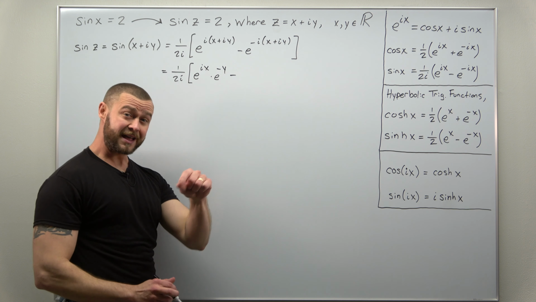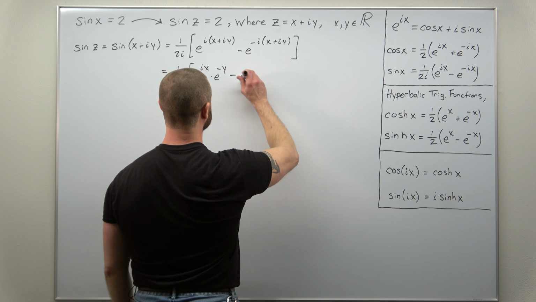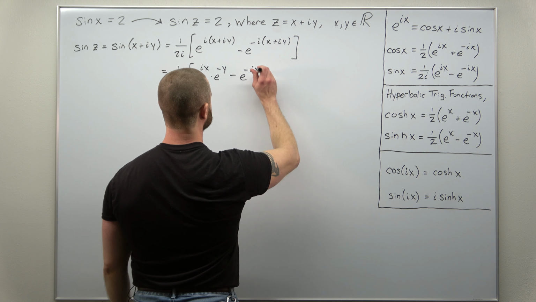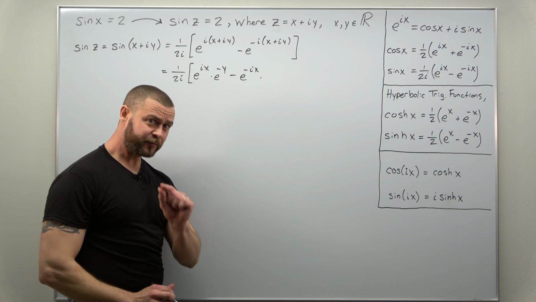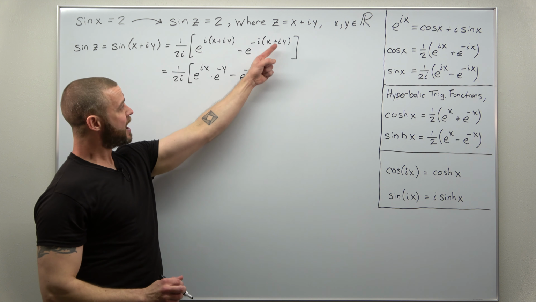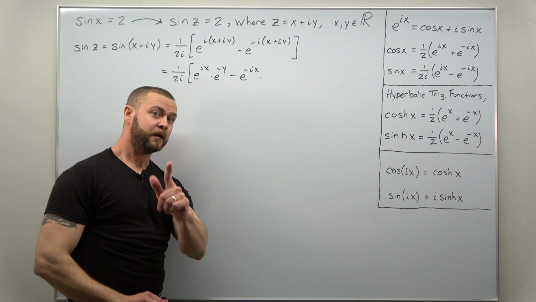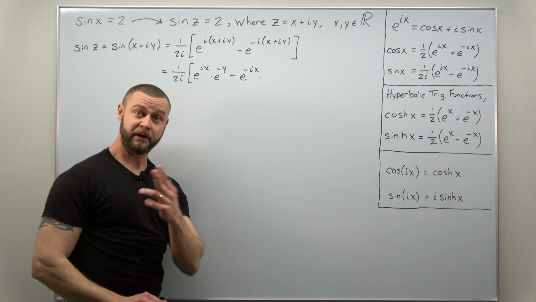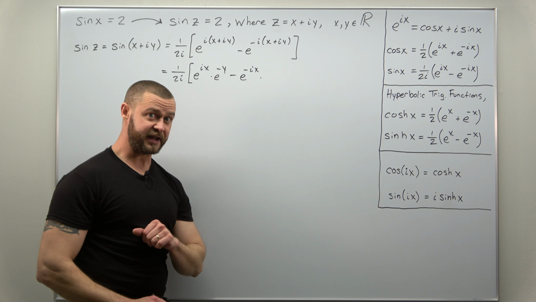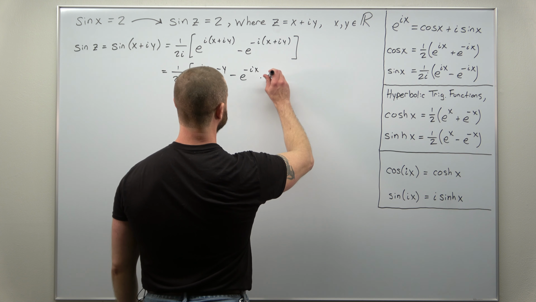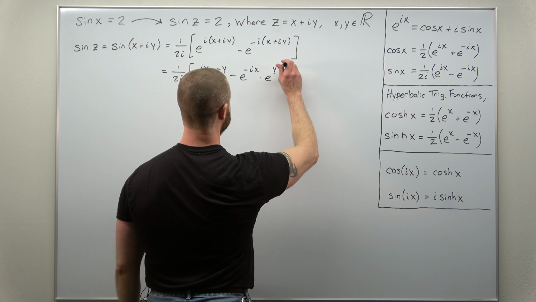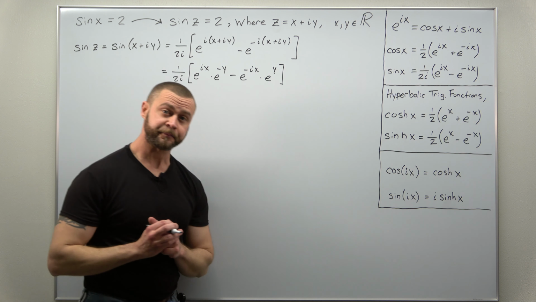Distribute the negative i, you'll get e to the negative ix. And now just be careful with your signs. Negative i times iy, you'll get negative i squared. That comes out to +1, since i squared equals -1. So your last factor here, you can write as e to the positive y.